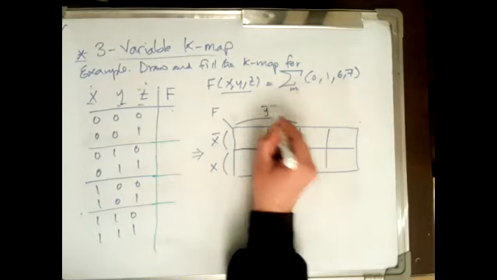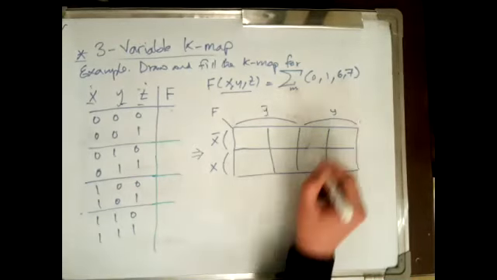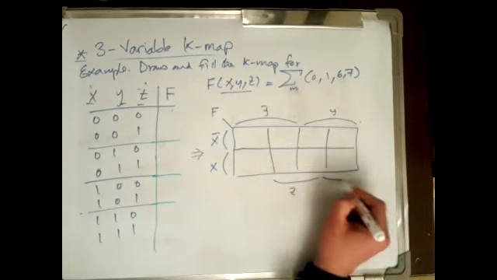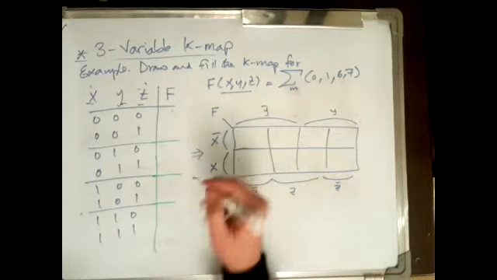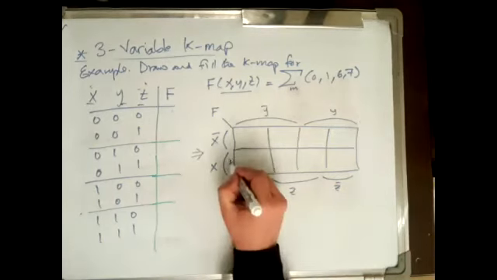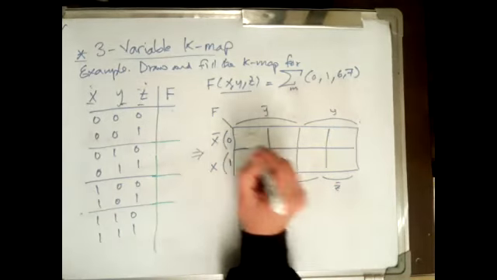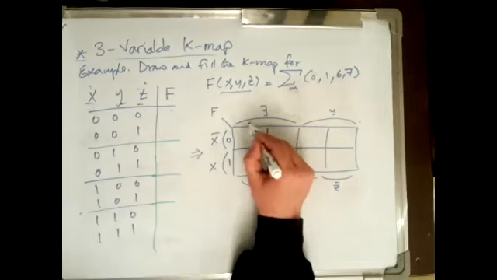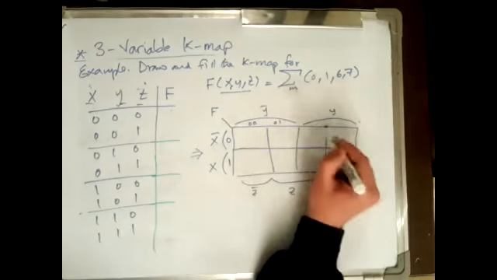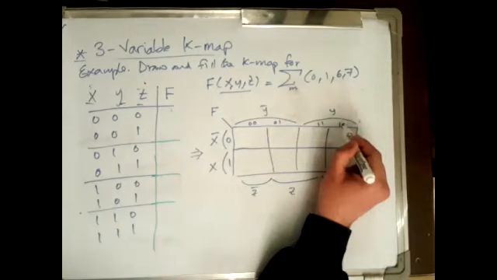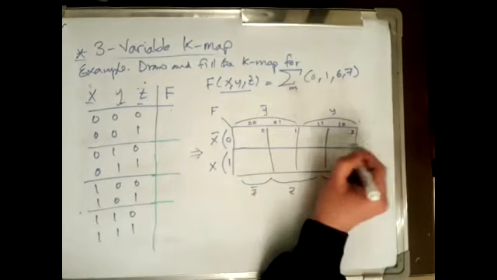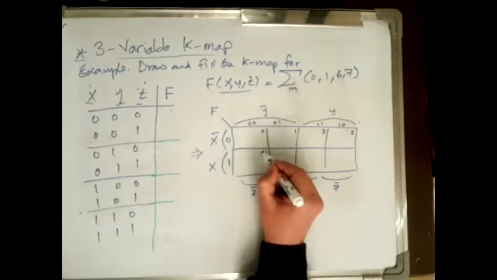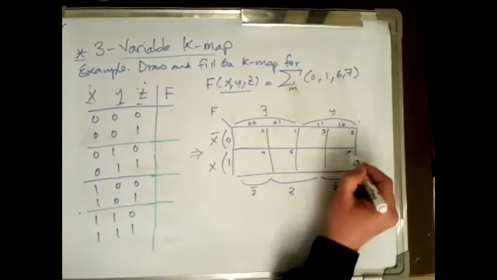This is y. This is z. This is z bar, and this is z bar. By time you will memorize it, and you will start to drop the small details, as we did in the two variable case. So this is 0, this is 1, this is 2, this is 3, 4, 5, 6, and 7.